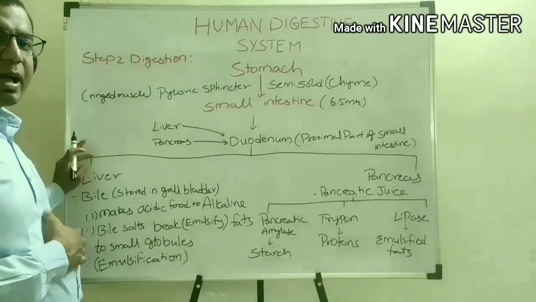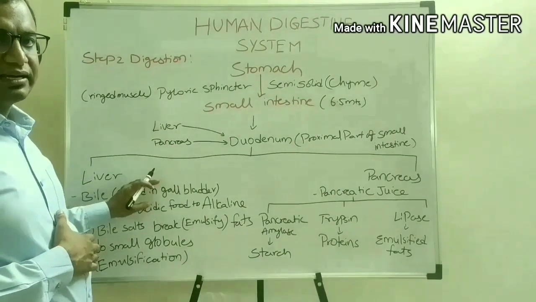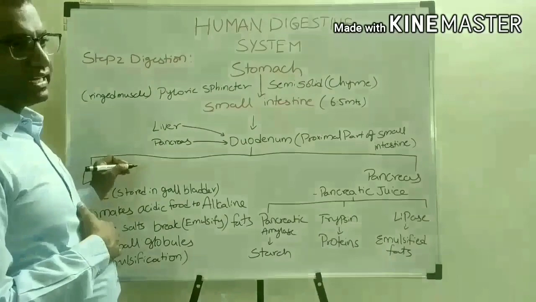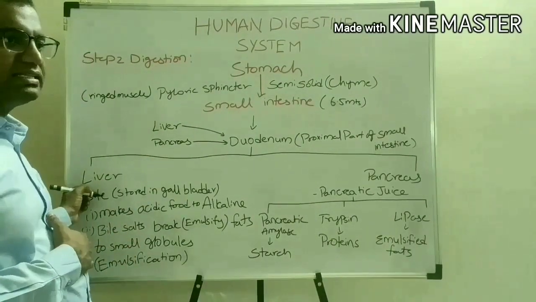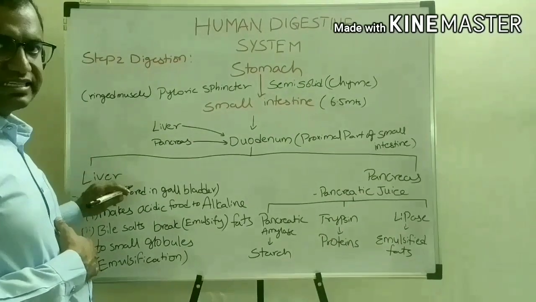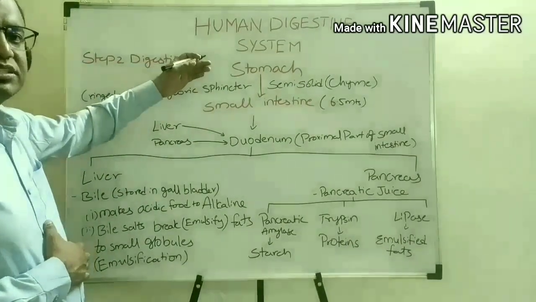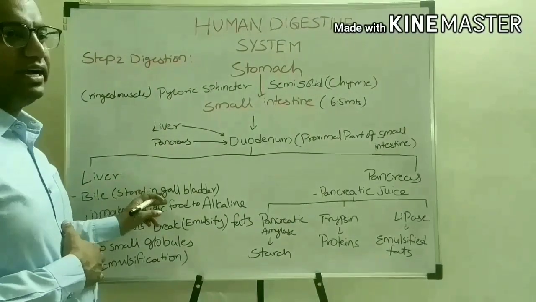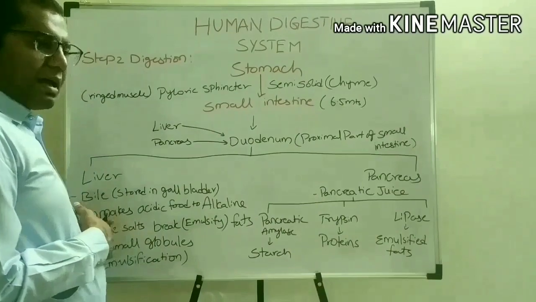Liver secretes bile which is stored in gallbladder. Bile is a greenish yellow liquid. The function of bile is that it makes the acidic chyme, that is the semi-solid food that came from stomach into small intestine, alkaline, that is basic in nature.